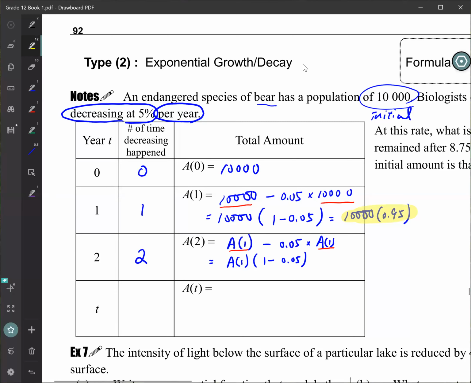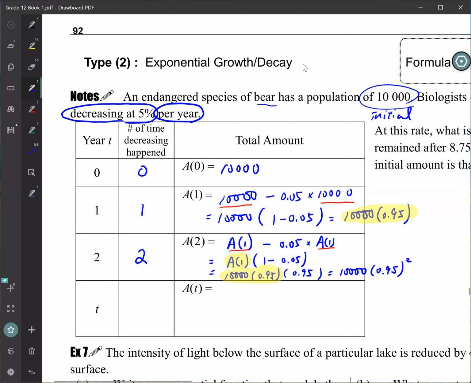So I will replace that with A1 down there. So if I do that, it will become 10,000 times 0.95, which is the A1, multiplied by 1 minus 0.05, that's also 0.95, which will give us 10,000 times 0.95 squared.